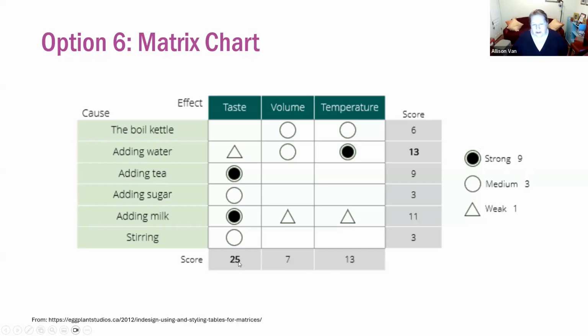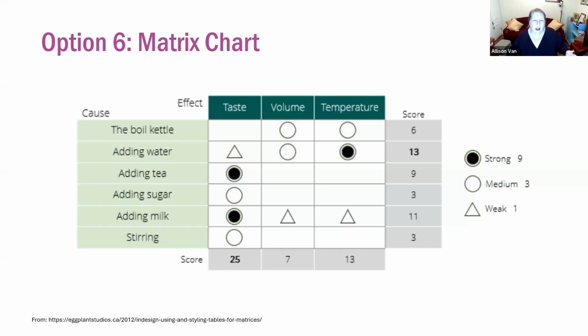But what the scores allow you to do, and the fact that they're bolded, is to tell you right away that a lot of the sort of action in terms of columns is in the taste column. And a lot of the effect across the board is when you're adding water. Not terribly interesting, but you can begin to see this is a relatively easy way of being able to point people to what's interesting.